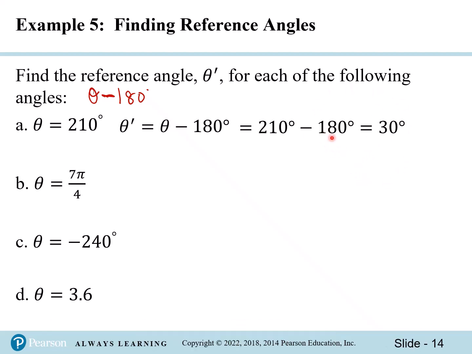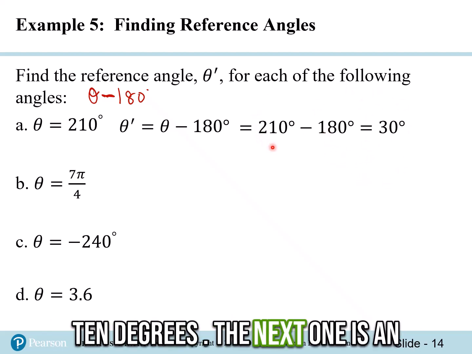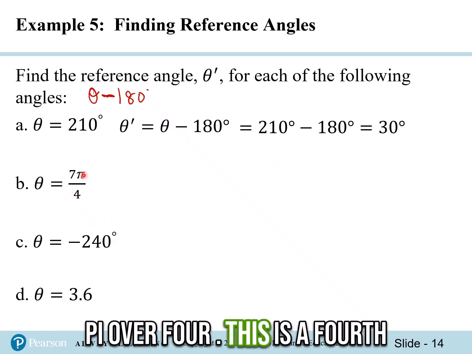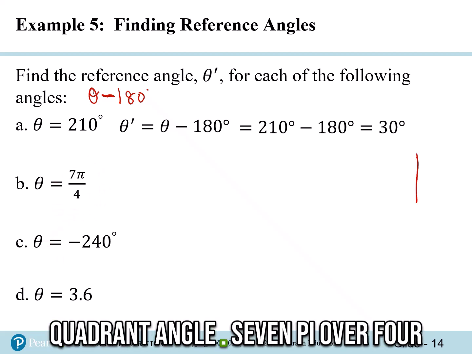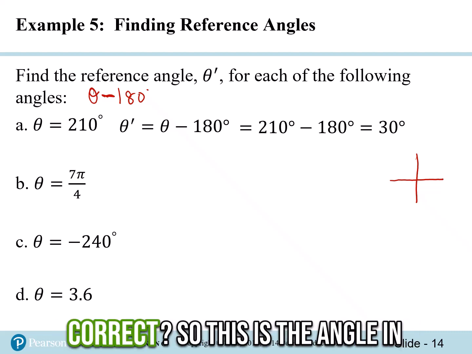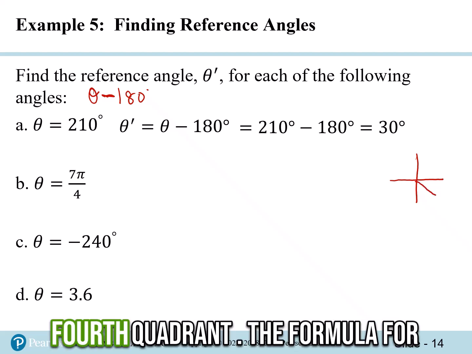The next one is an angle given to us in radians, 7 pi over 4. This is a fourth quadrant angle. 7 pi over 4 is just pi over 4 less than 2 pi, correct? So this is the angle in the fourth quadrant.